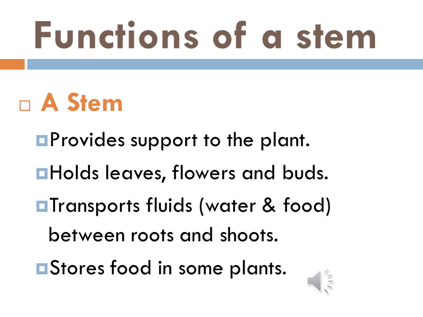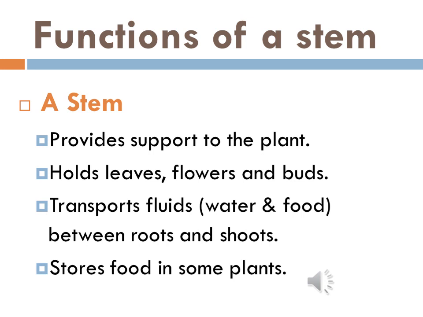Means the stem transports water and minerals absorbed by the root to the leaves, and the leaves use this water to prepare their food, and the food prepared by leaves is transported to all parts of the plant including the root through the stem.